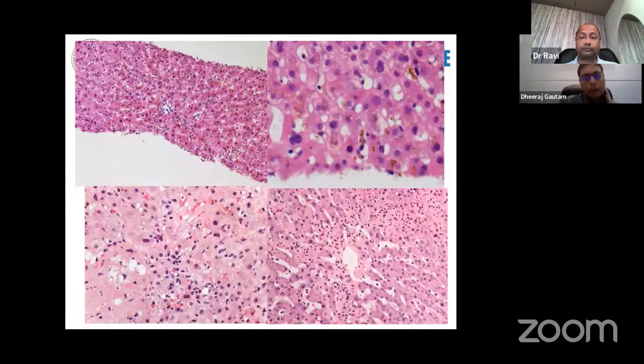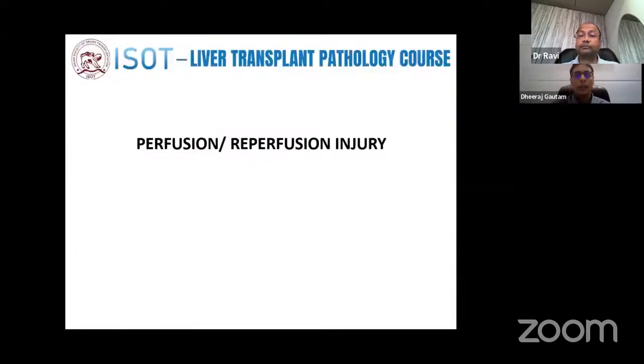And if you see zone 3, you can see the necrosis or ischemia of the hepatocytes. There is a mild neutrophilic collection. You can see the central vein. The hepatocytes around the central vein are gone. They are replaced by necrotic material, and there's a neutrophilic collection.